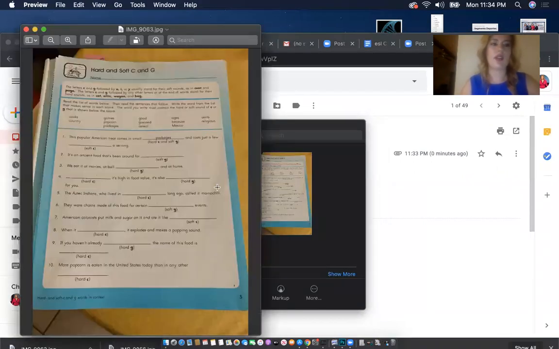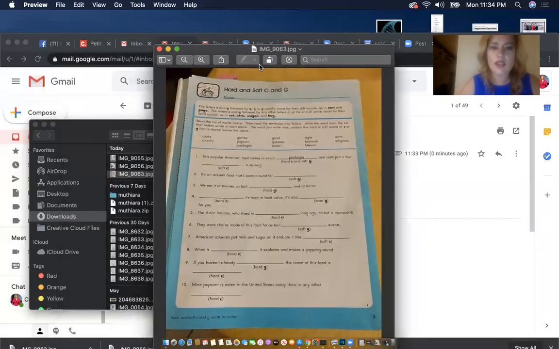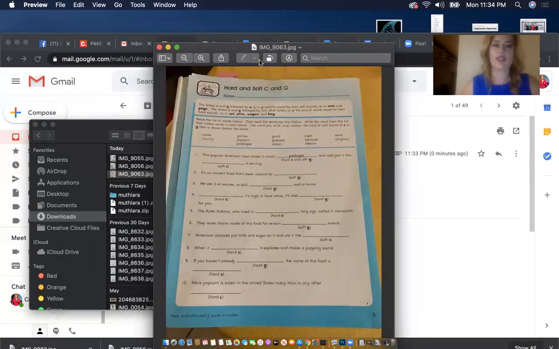Perfect. Okay. So this is what I want you guys to see. So lo que quiero que vean. Y dice, the letters C and G followed by E, I, or Y usually stand for the soft sound, such as cent and page. The letters C and G followed by any other letters or at the end of the words stand for the hard sounds as in cat, attic, wagon, and bag.